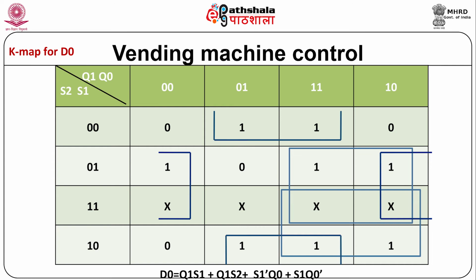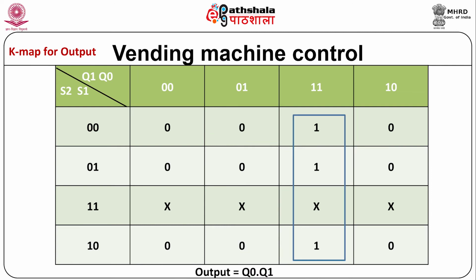After mapping the terms, it is clear from the map that it is possible to form quads, and there are 4 quads that are possible. This results in the simplified Boolean expression D0 is equal to Q1 S1 OR Q1 S2 OR S1 bar Q0 OR S1 Q0 bar.